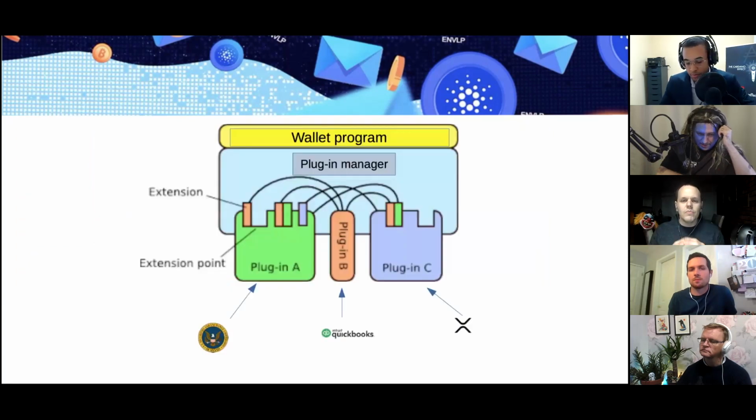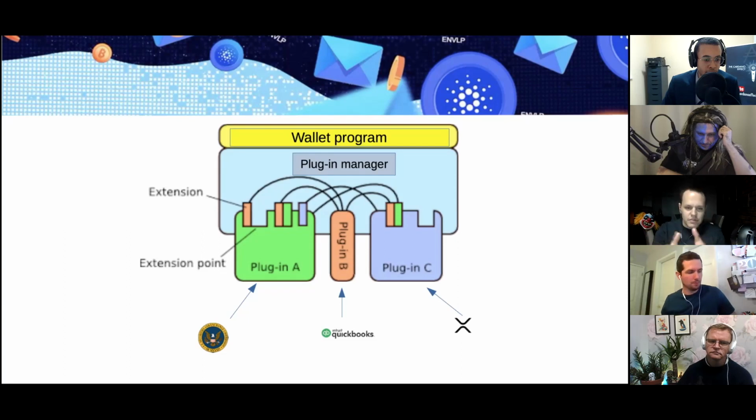So how will the envelope wallet work? It will basically be a basic wallet program with a big plugin manager where plugins are developed by third parties. So you can have the Securities and Exchange Commission build a plugin because in the United States, there is something you need to do with your wallet.